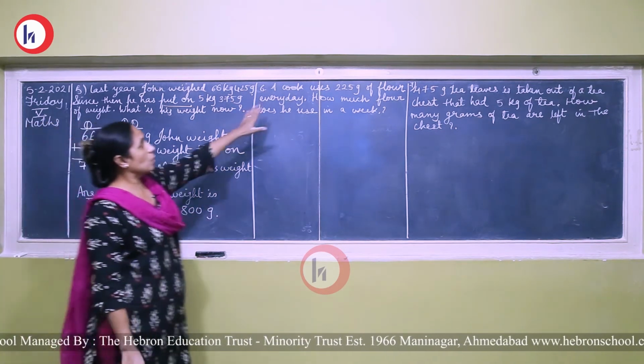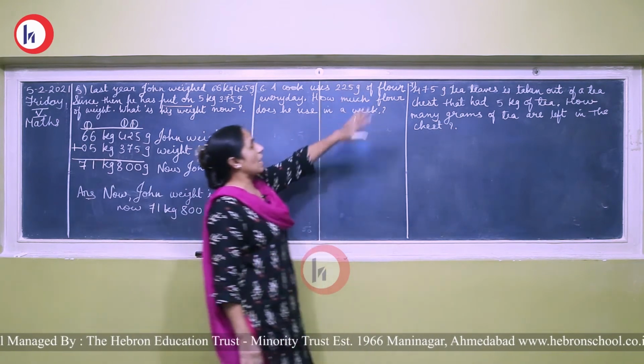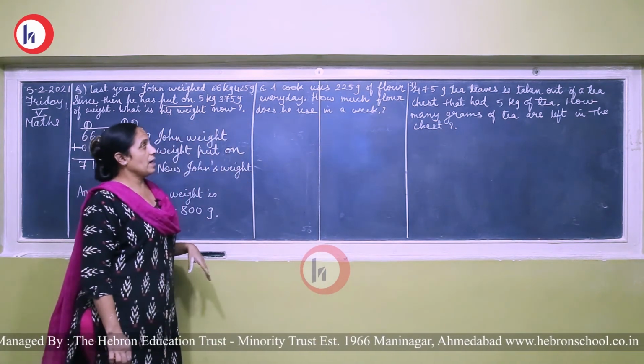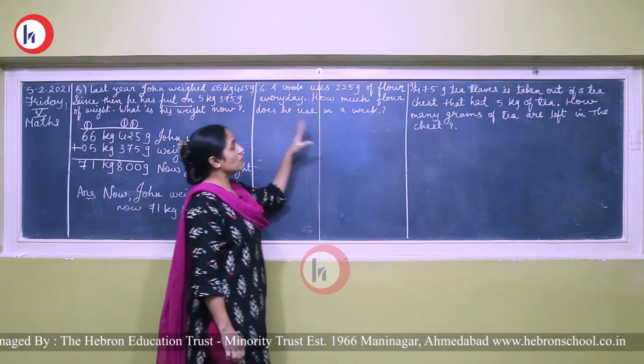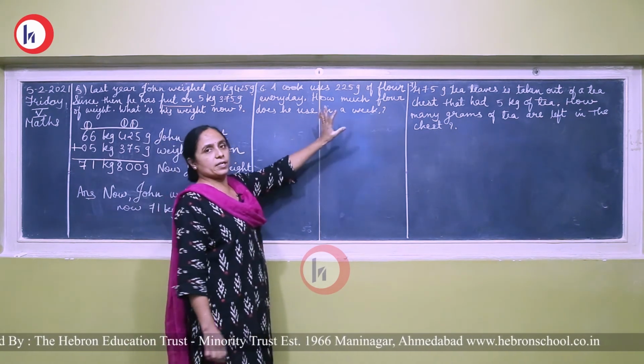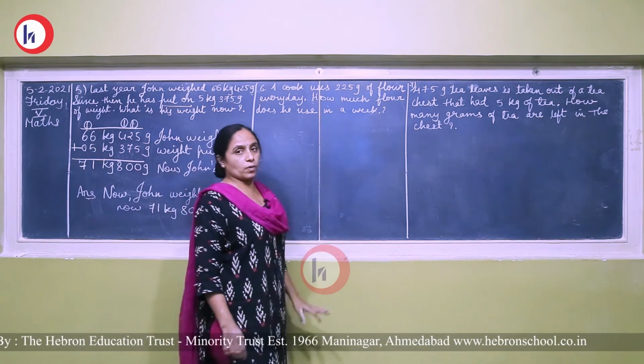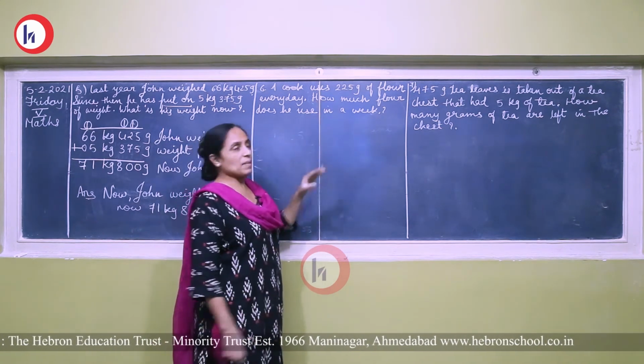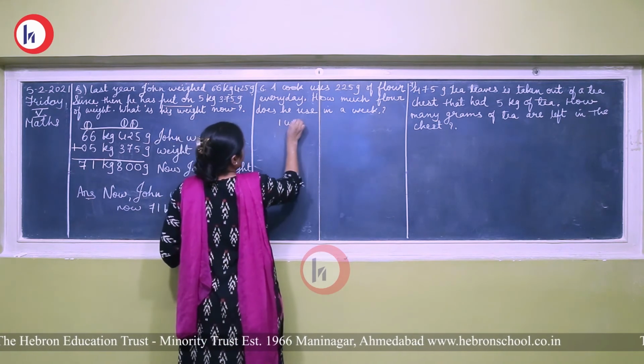Here the next. A cook used 225 gram of flour every day. How much flour does he use in a week? Cook is making food in the kitchen. Every day he is using 225 gram flour. So in 1 week, that means 1 week, how many days? 7 days.